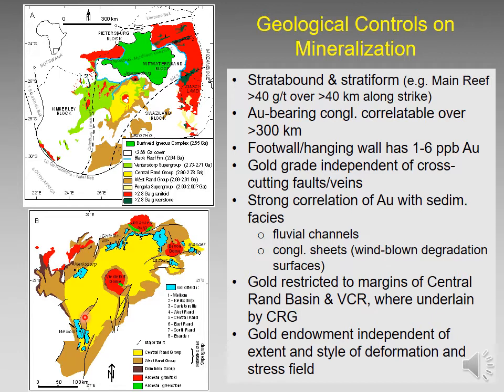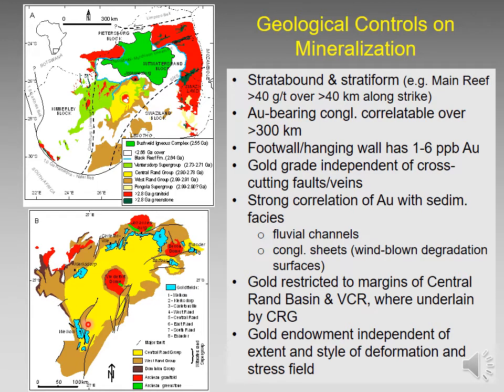And a further aspect that shouldn't be forgotten is, yes, all these areas in the different gold fields have experienced variable degrees, variable styles of deformation. But, and that's the important thing, the gold endowment seems to be entirely independent of the style of deformation up here in the northeast or in the northwest or in the southwest.